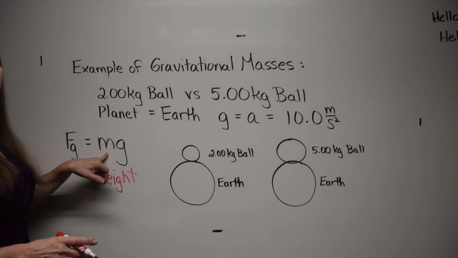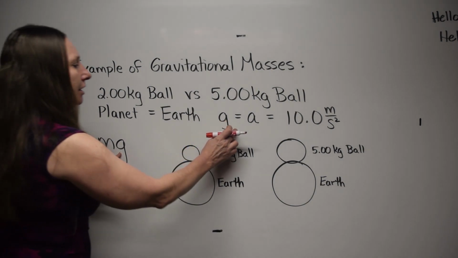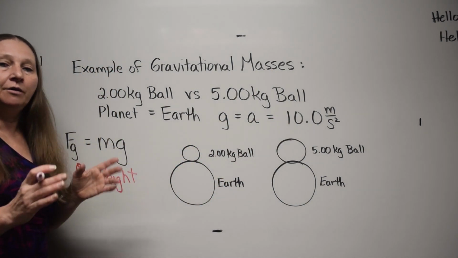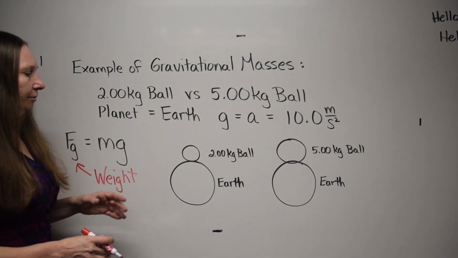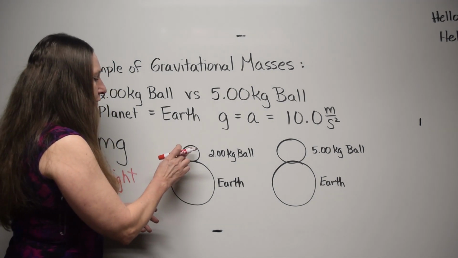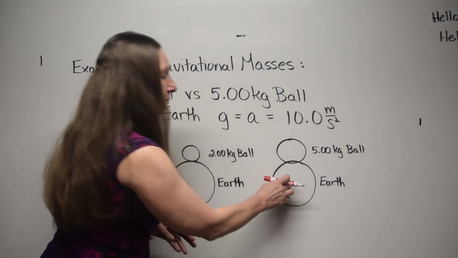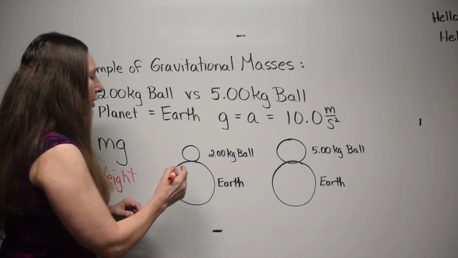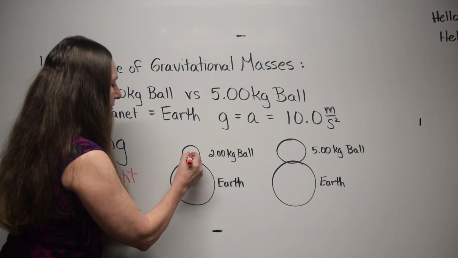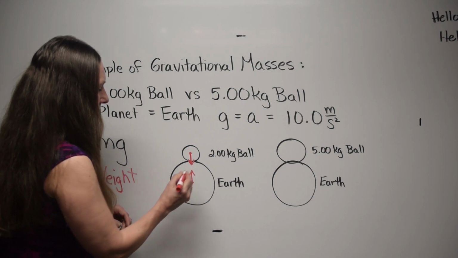This is the mass, in this case the gravitational mass, and this is g, the acceleration due to gravity of the planet. Now, obviously these are not drawn to scale. I drew the 2 kilogram ball on Earth. I drew the 5 kilogram ball on Earth. We know that the Earth attracts the ball and the ball attracts the Earth.